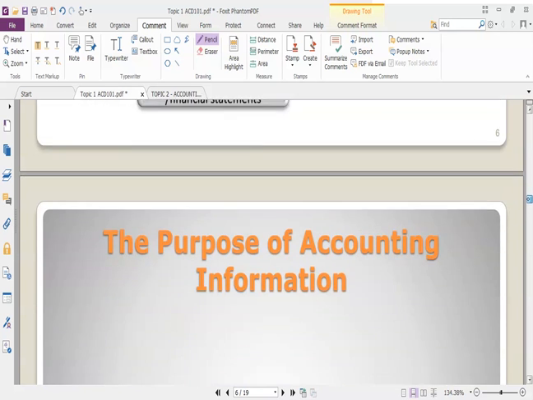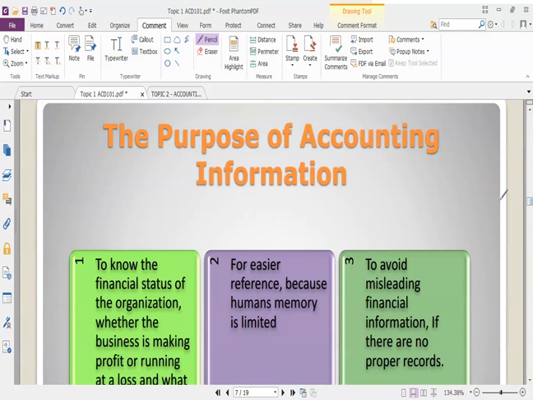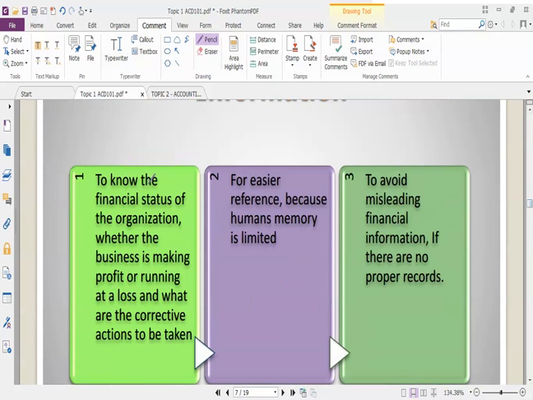So, the purpose of accounting information. What is the purpose? The first is to know the financial status of the organization. After preparing the financial statement, you will know how much is your revenue, how much is your expenses, and what is your profit for that month, whether the business is making profit or running at a loss, and what corrective action to be taken.